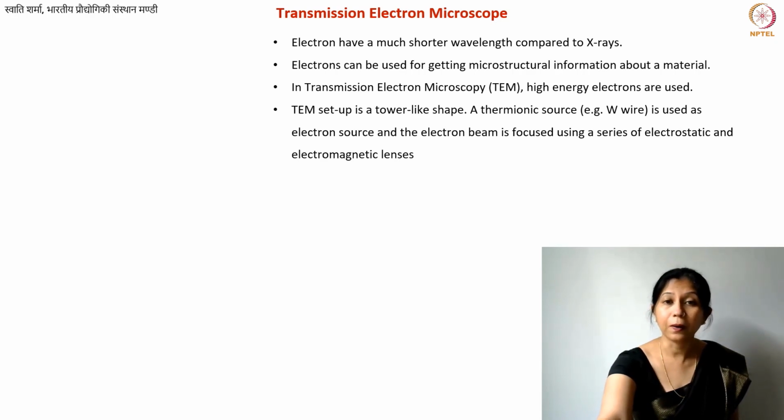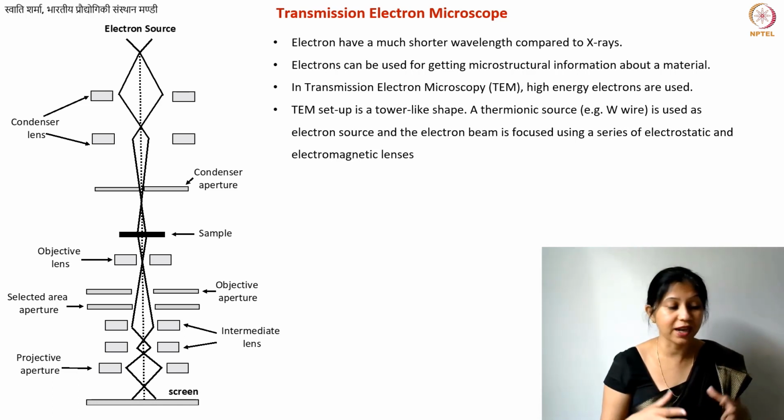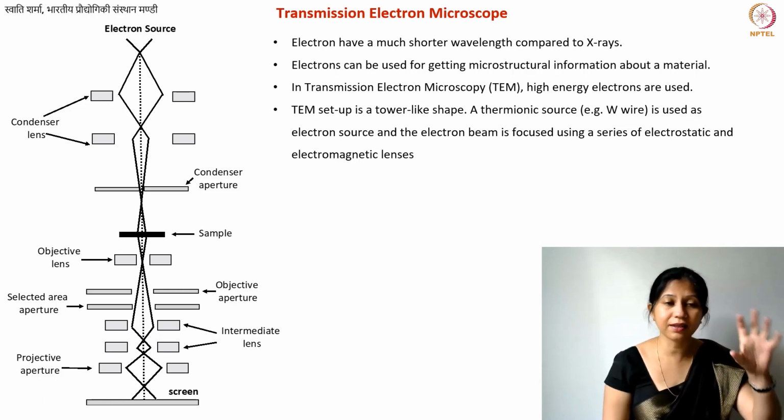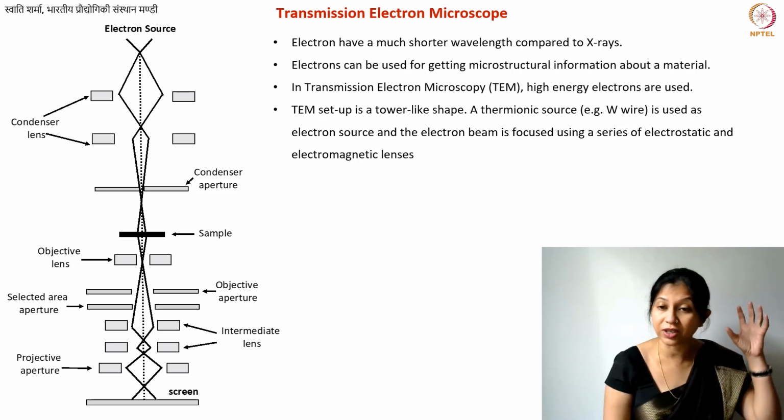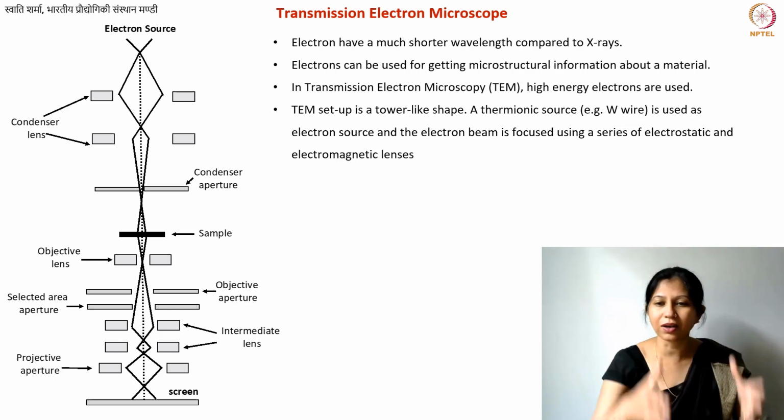Here I have shown some schematics. I will again not go into the details of what kind of lenses are used and the optics of a transmission electron microscope, but this is a basic schematic of the entire instrumentation. Here you can see that this is a very long structure.